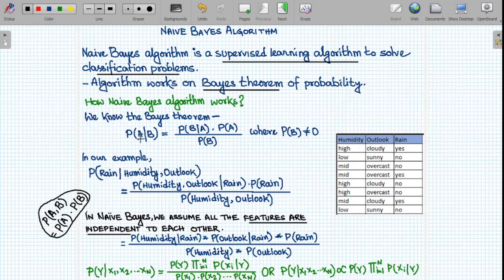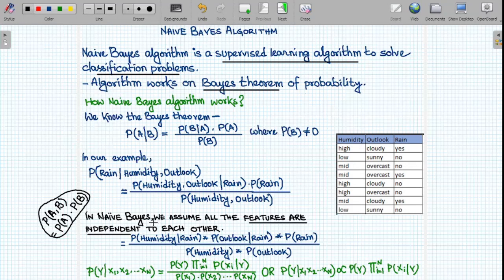If we replace A with the target column and B with the independent columns, we get something like this. Probability of rain given humidity and weather outlook equals probability of humidity comma weather outlook given rain into probability of rain by probability of humidity comma outlook. We are simply replacing B with the independent columns and A with the dependent column. Hope you have understood till now.